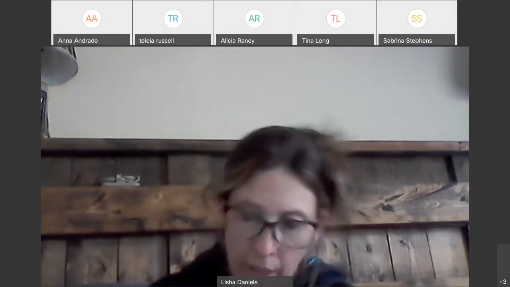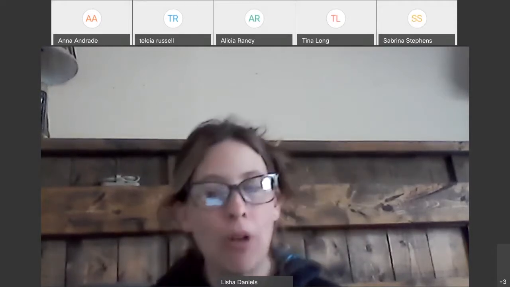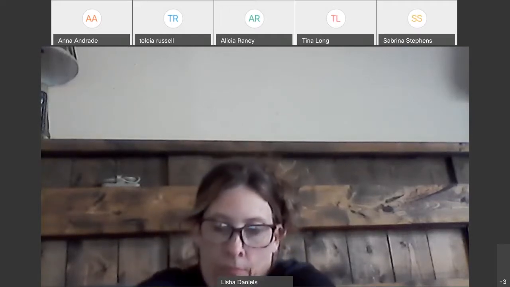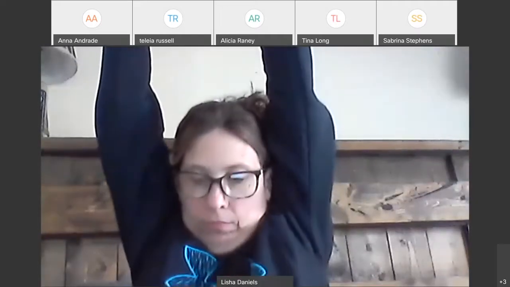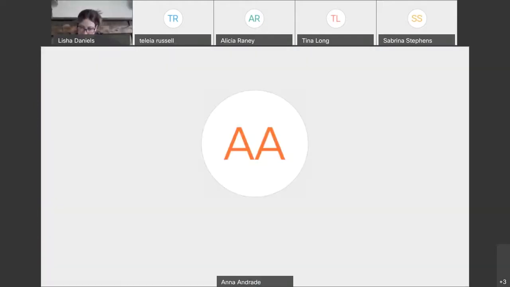Anna, can you go ahead and read blood antigen and antibody reaction? When a blood antigen meets corresponding antibodies, the result is the clumping and elongation of red blood cells.